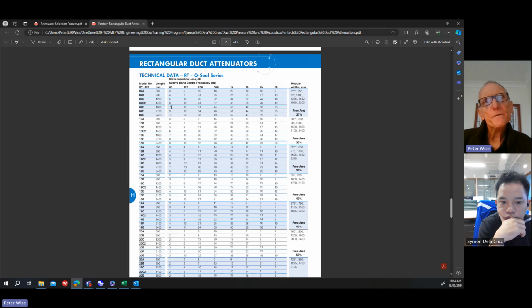And then above that frequency, normally they just fall into place because you get a lot more attenuation at the higher frequencies, which is because of the wavelength of the sound. At low frequencies, it's got a long wavelength, so it's harder to attenuate.